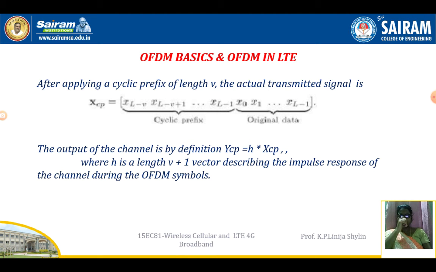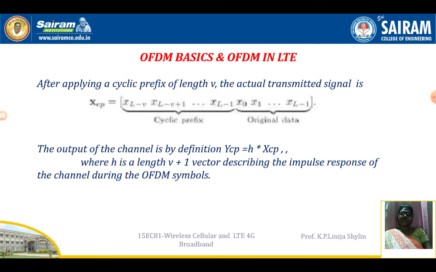After applying a cyclic prefix of length v, the actual transmitted signal is modified along with the cyclic prefix code. Already we said that we are adding the cyclic prefix, that is xl minus v, xl minus v plus 1, up to xl minus 1, and the original data is x0, x1 up to xl minus 1.